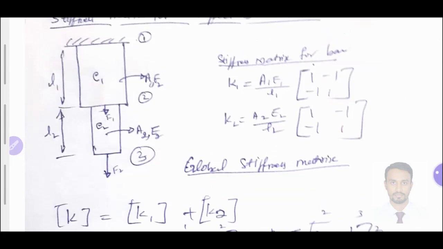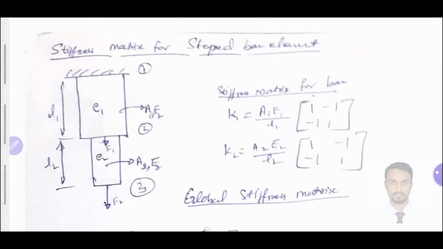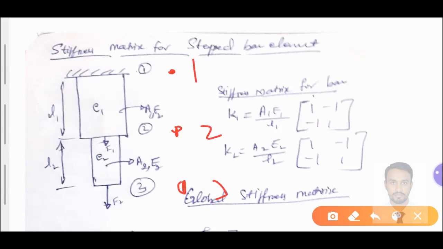Before adding K1 plus K2, it is very important to define the rows and columns of the element. How will we define the numbers of rows and columns of the element? To define the stiffness matrix row name and column name, let us consider a bar element with three nodes, node 1, 2 and 3.